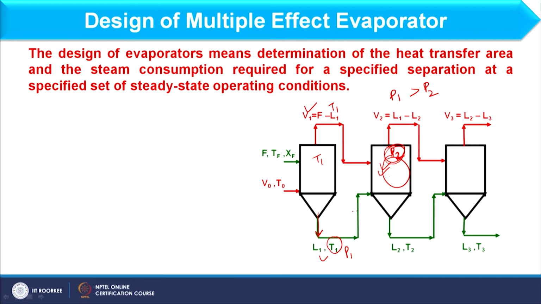Because of this difference, flashing will take place inside the second effect. Because of this flashing, liquid L1 will try to occupy pressure P2, okay, and the moment it occupies pressure P2, it will come with the lesser temperature, and that is temperature T2, okay. So, when the liquid is entering the second effect, it is automatically occupying temperature T2, okay.